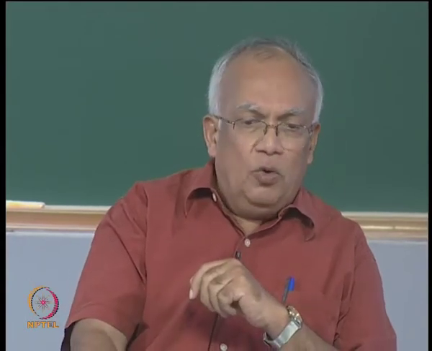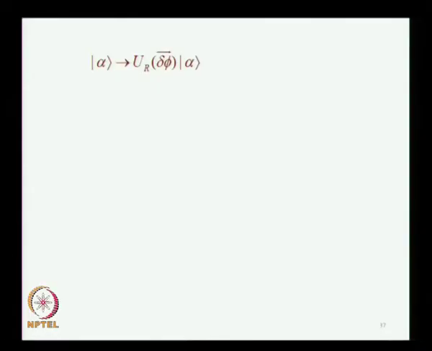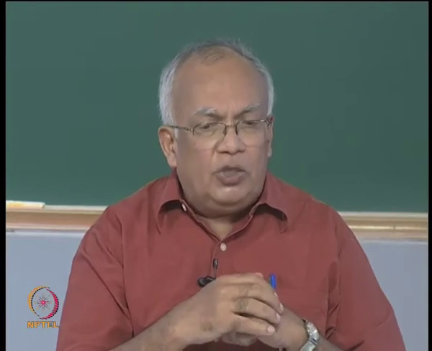So we will use that machinery, we can do it for arbitrary state vectors. So alpha is some arbitrary state vector in the Hilbert space, no matter what it is, and we are asking the same question, how does it respond to rotations? So what we do is to insert the unit operator.